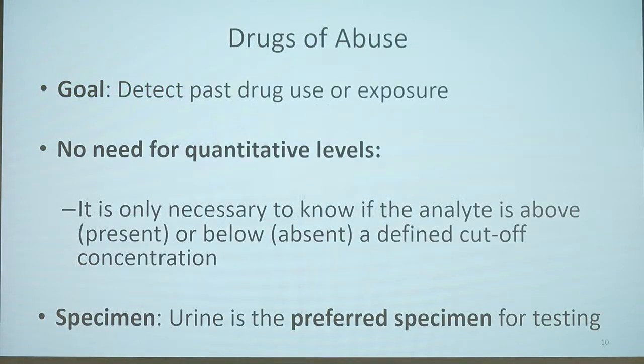But these are the general specimens of choice. For drugs of abuse testing, as I mentioned, urine is the specimen of choice, and we're just looking for current or past exposure or use of a drug, above a certain cutoff level. So, yes or no, is the drug there? If it's above the cutoff level, yes.